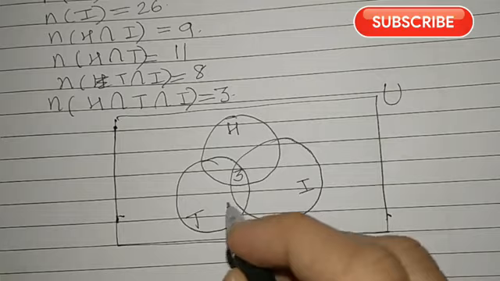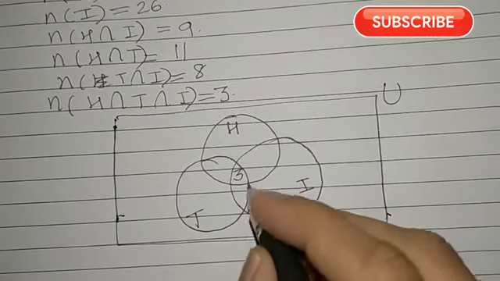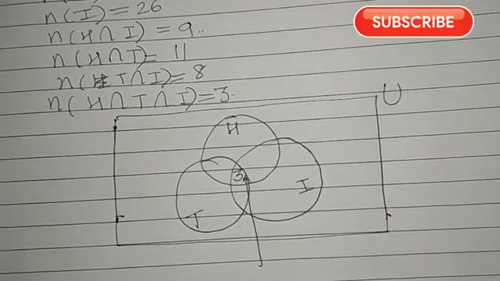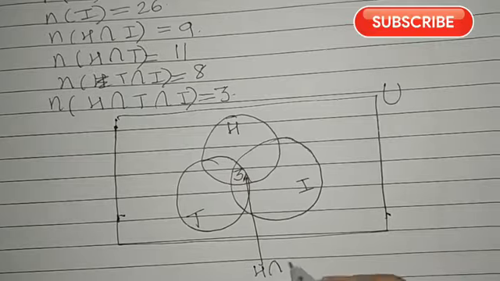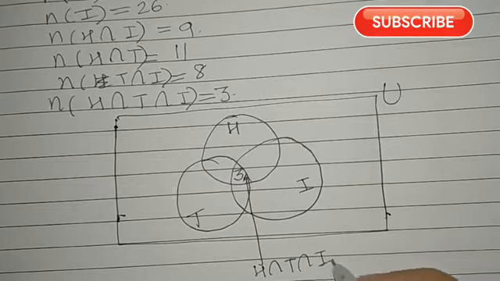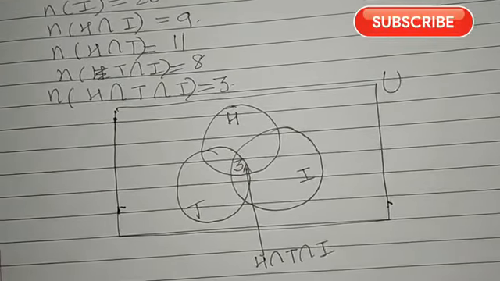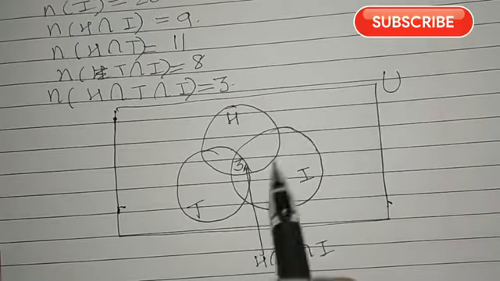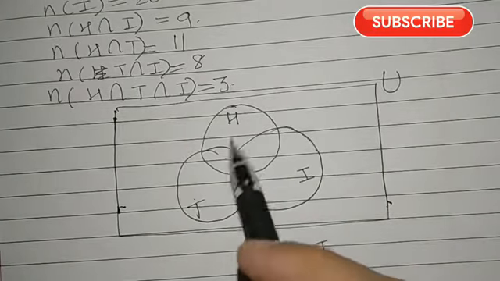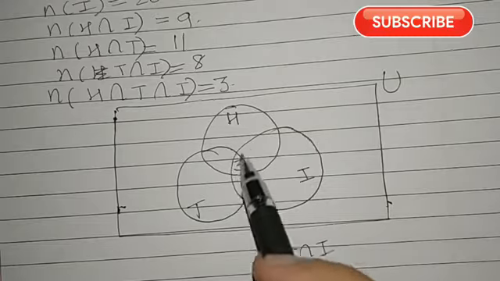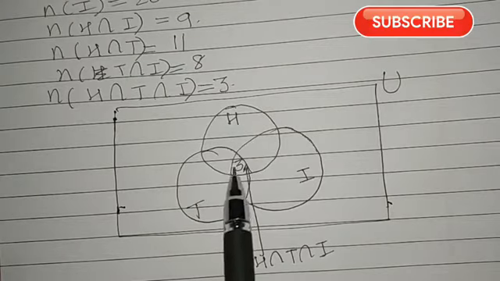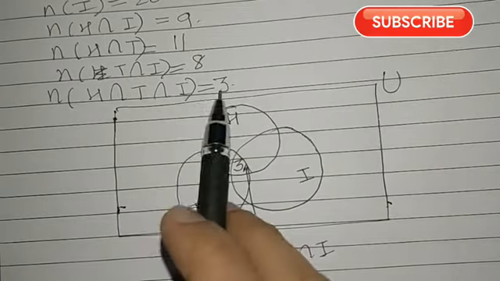Those are 3, so you write 3 in this area. Why? Because this area denotes H intersection T intersection I, where all the sets intersect, and the number is given to be 3.